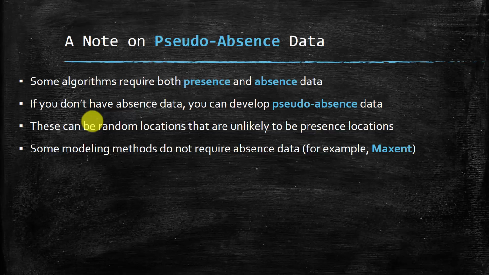However, a lot of algorithms require examples of both presence and absence, so like true and false. So if you want to use an algorithm, but you only have presence data, you're going to have to find a way to develop absence data. That can be done by creating what we call pseudo-absence data. So this could be basically random locations that are unlikely to be presence points.